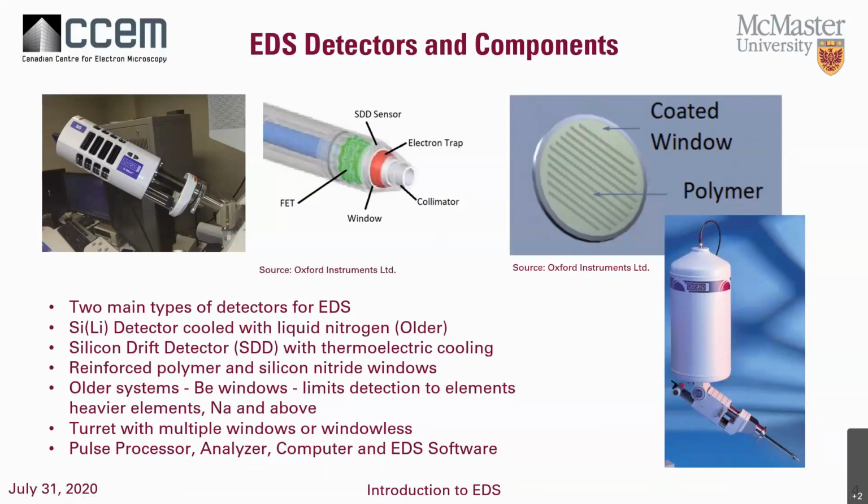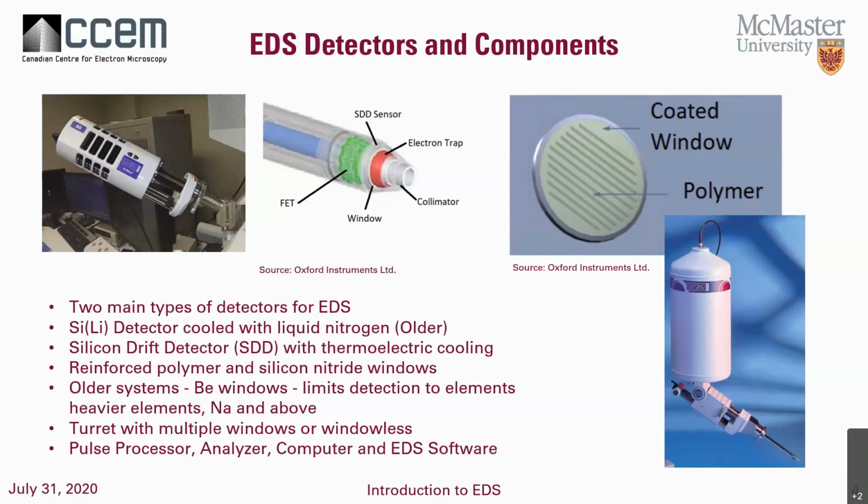Now, the windows that are in front of the detector can come in various types. Mostly these days you'll probably see polymer windows, but they're not like a big open piece of polymer. They'll have slits in them where you have a coating over the polymer and the slits through which the X-rays can go.